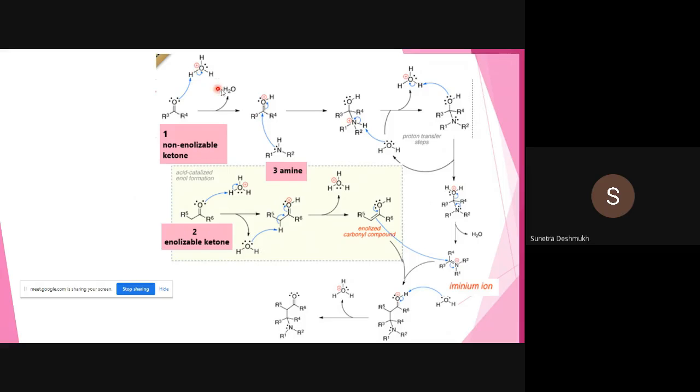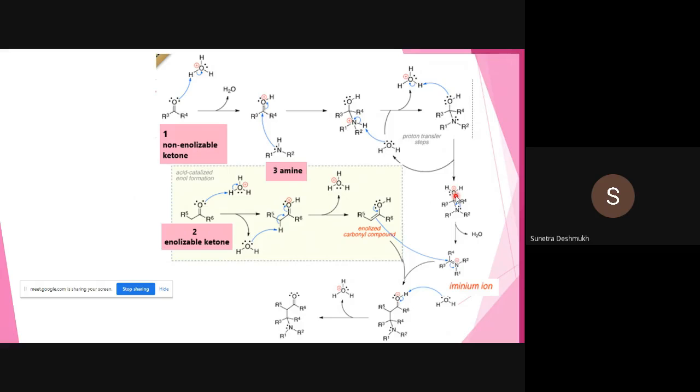Once water is generated in the reaction, it acts as a base and abstracts a proton. This is the mechanism part, and it generates a neutral molecule. Again there is protonation with the acid present in the reaction mixture.